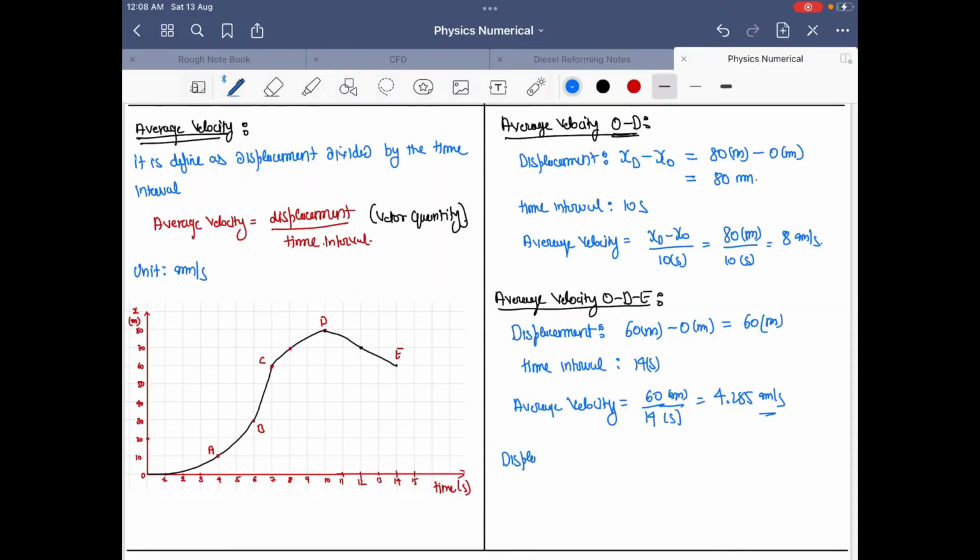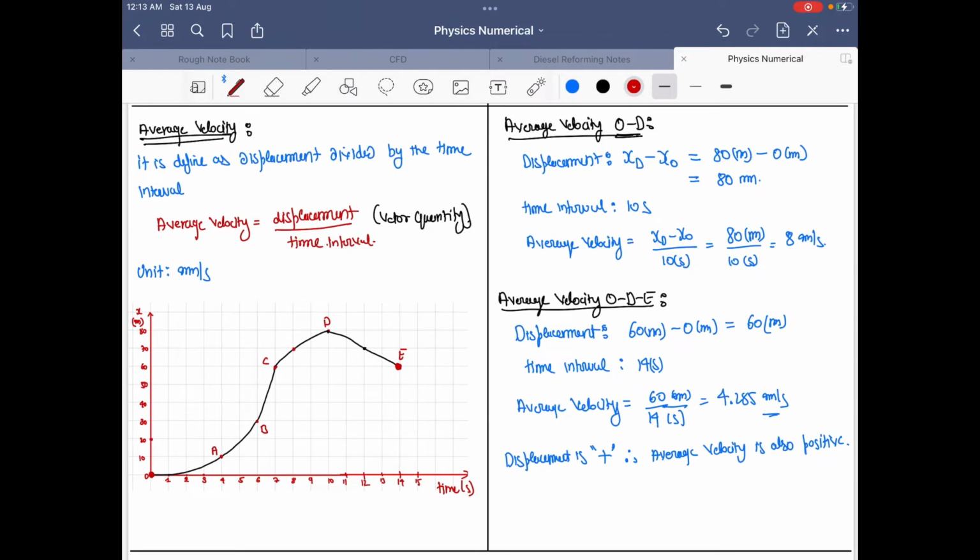Since in this case our displacement is positive, therefore our average velocity is also positive.